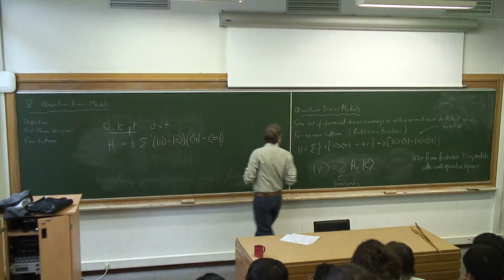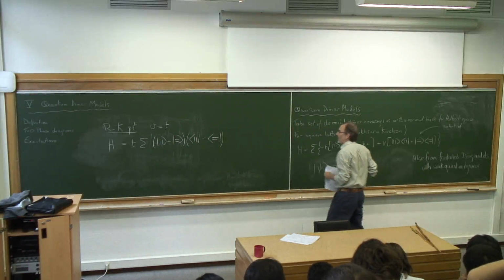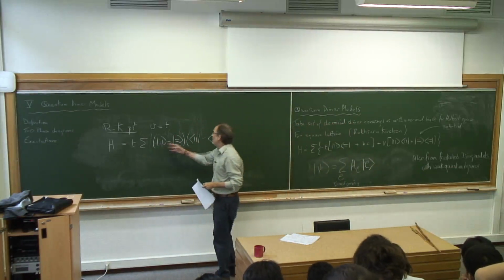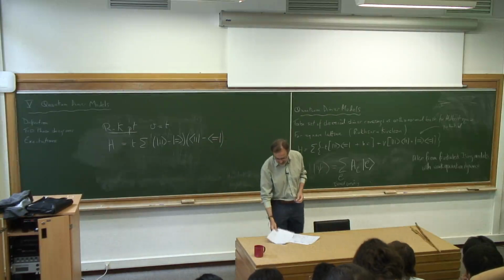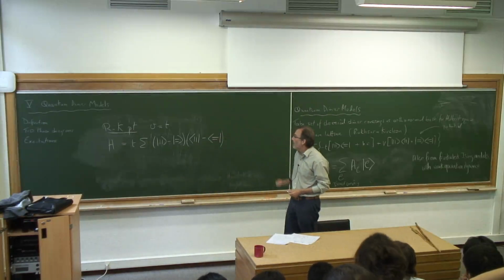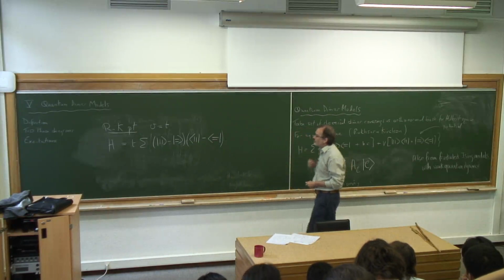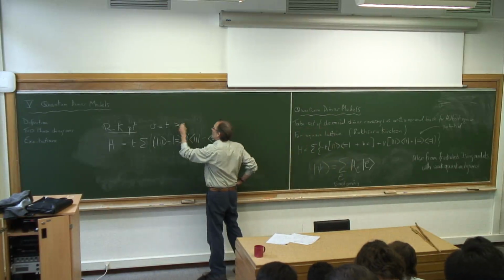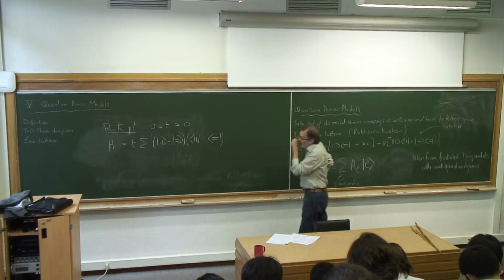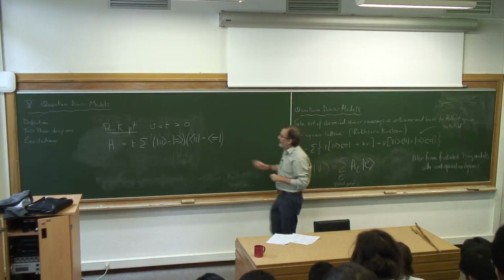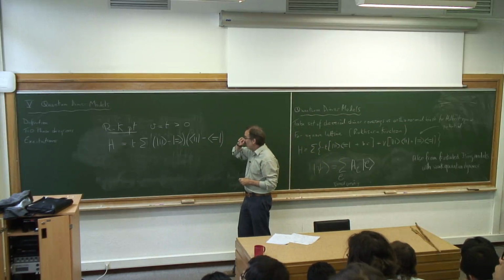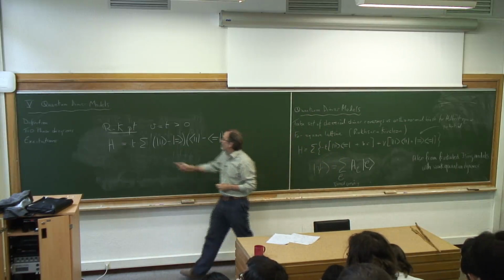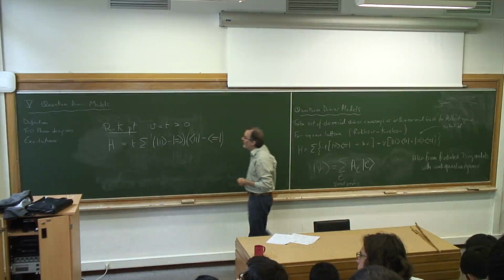Because if we expand the brackets, then we generate the potential term with a positive coefficient and the kinetic term with a negative coefficient. Now, each term in this sum is a projector, and this coefficient is positive.